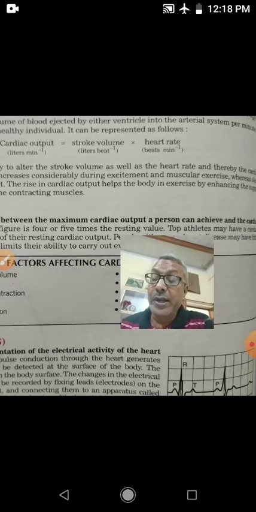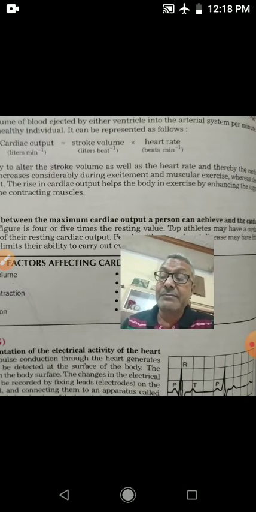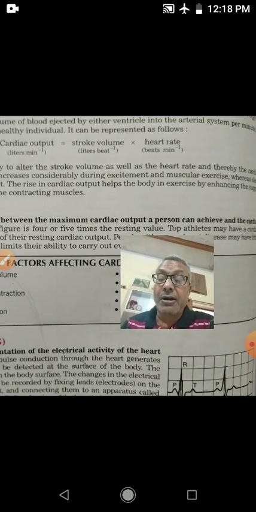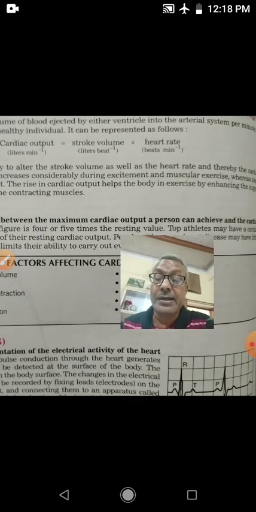Therefore, when we are doing strenuous exercise, when we are running, our cardiac output will rise. The rise in cardiac output helps the body in exercise by enhancing the supply of blood and nutrients.